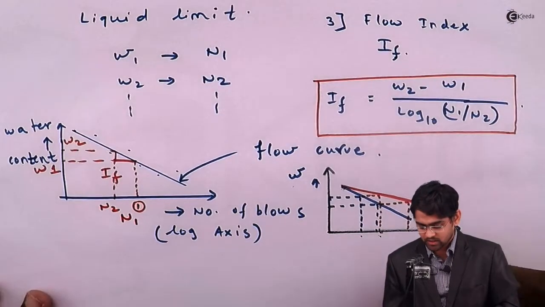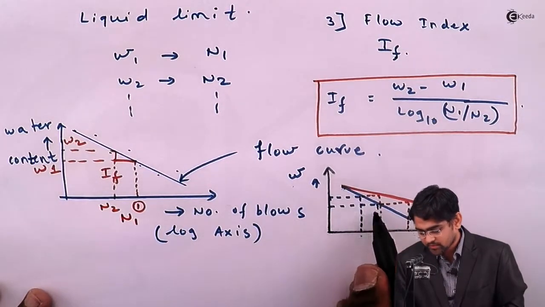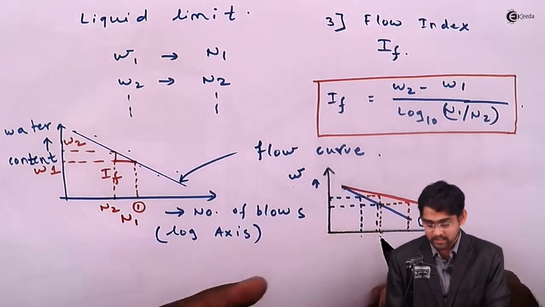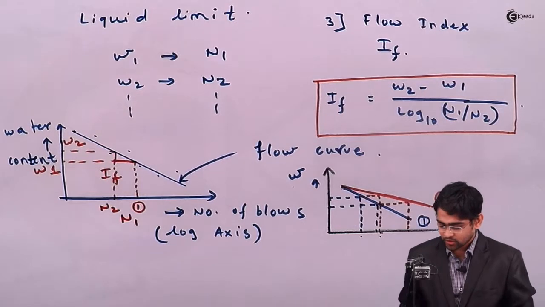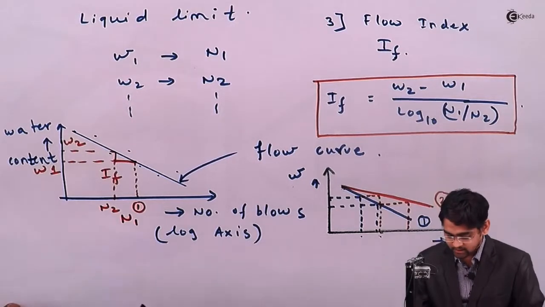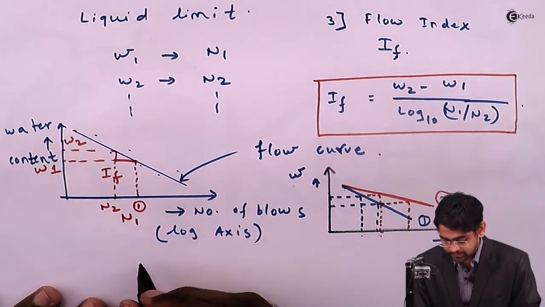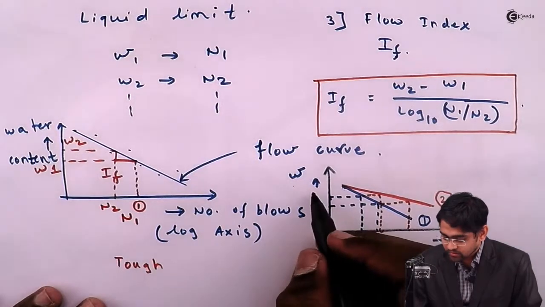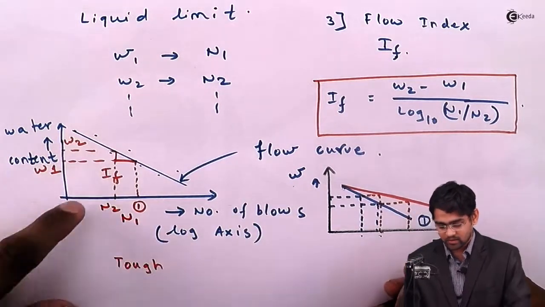So therefore as you go steeper and steeper, you'll get this ordinate by less amount and less amount. So this difference in increase in the strength is reduced. So therefore for this particular point of time, I conclude that the toughness or the shear strength, which is indirectly related to the number of blows, is indirectly proportional to the slope of the flow curve, or nothing but the flow index.